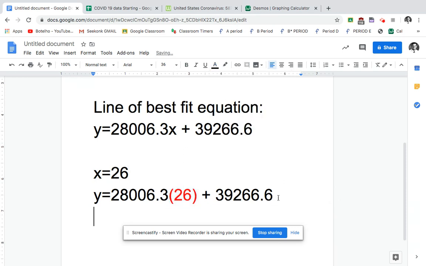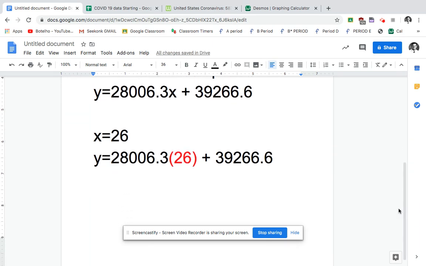According to this line of best fit, now all I have to do is multiply these two numbers and add the 39,000 and change. That was my B value, my starting point. Just give me a second to do this on my calculator. 28,006.3 times 26 plus 39,266.6 equals.